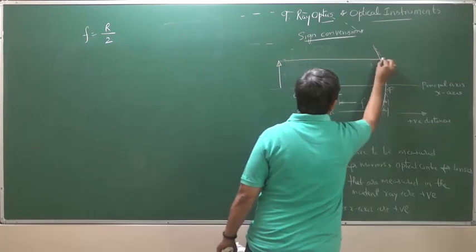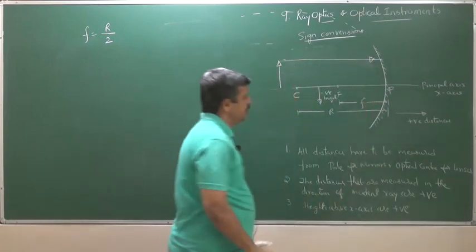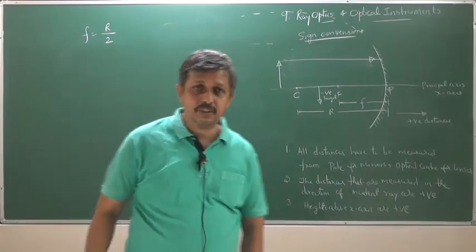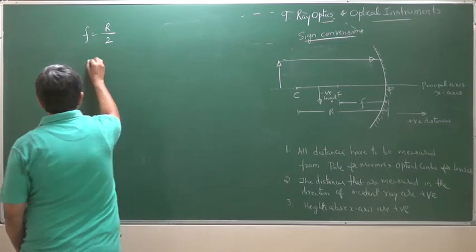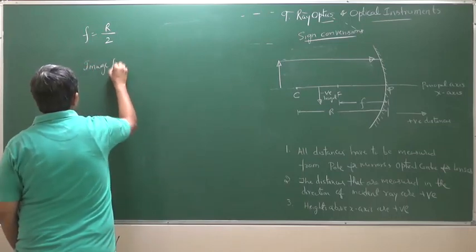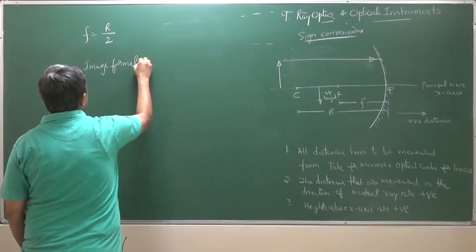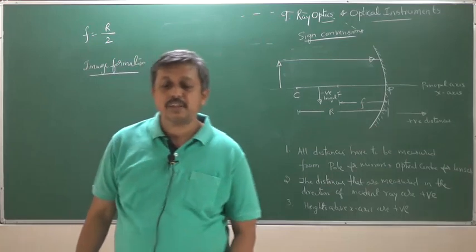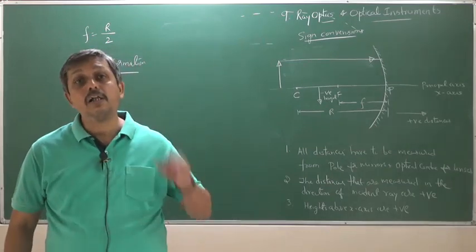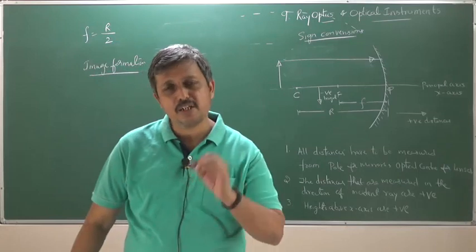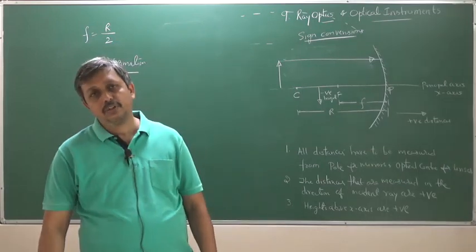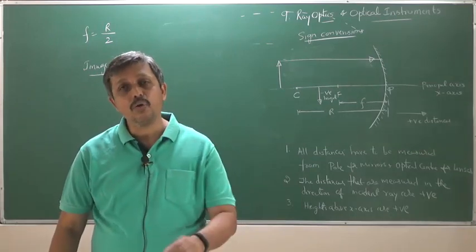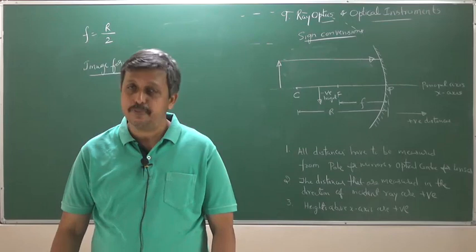How do I generally do image formation? Let's understand the image formation first. How to find out where the image is? The way to do it is, from all the points of the object, infinite points of the object, you take rays and see where they go and converge. That's where the image will be.